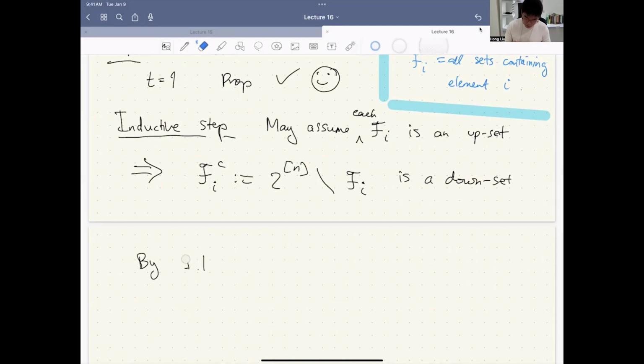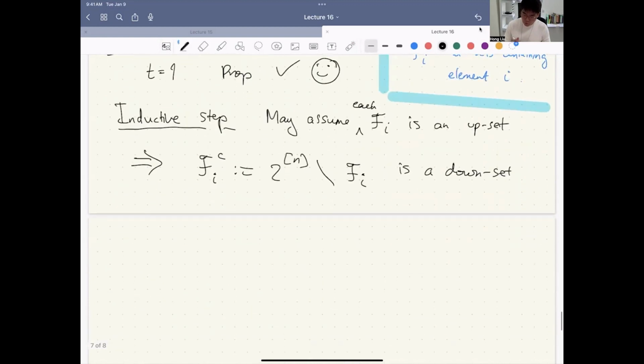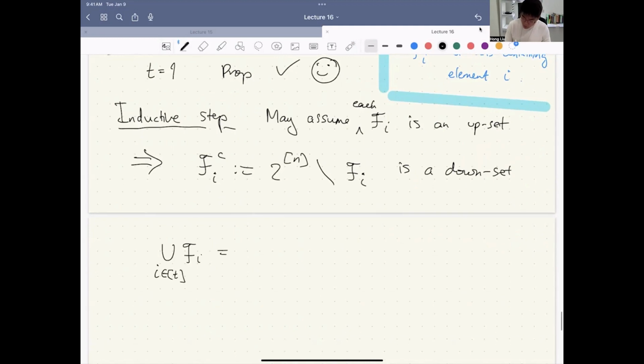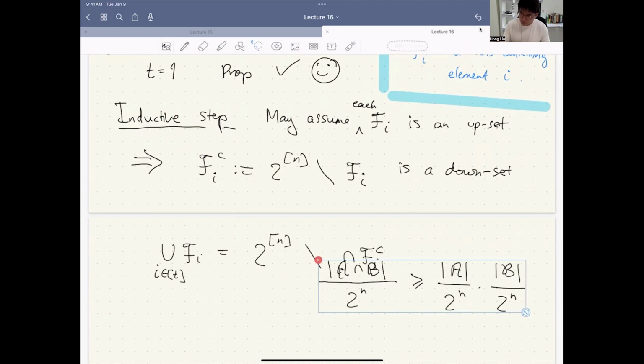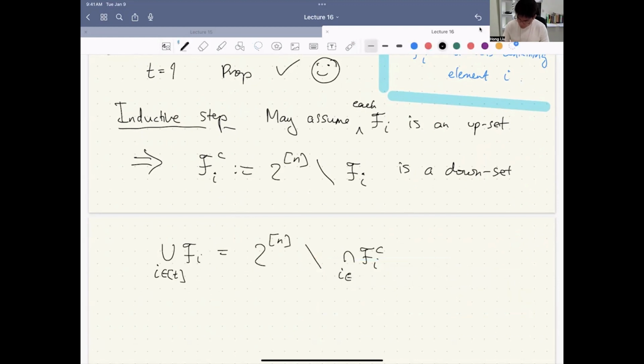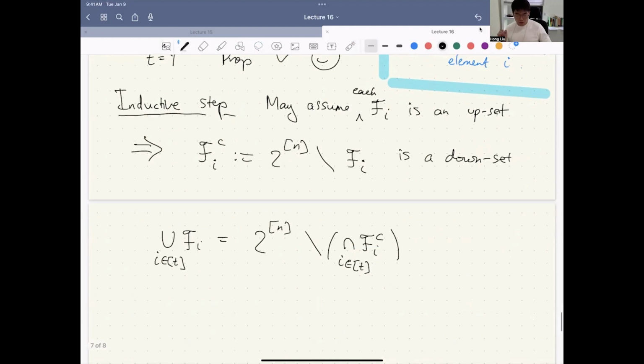Let's first write down what we need to prove. First, note that the union of Fi, i in [t], equals, by De Morgan's law, everything subtracting the intersection of the complementary families.